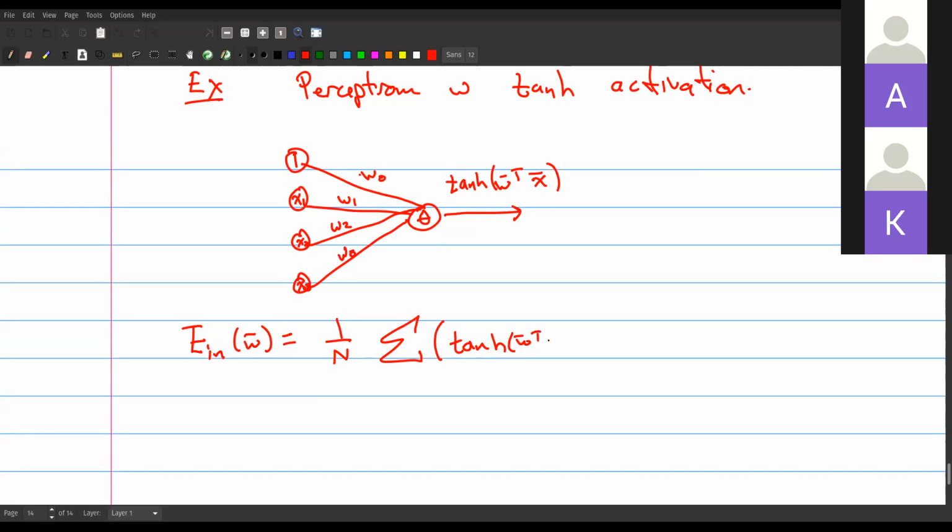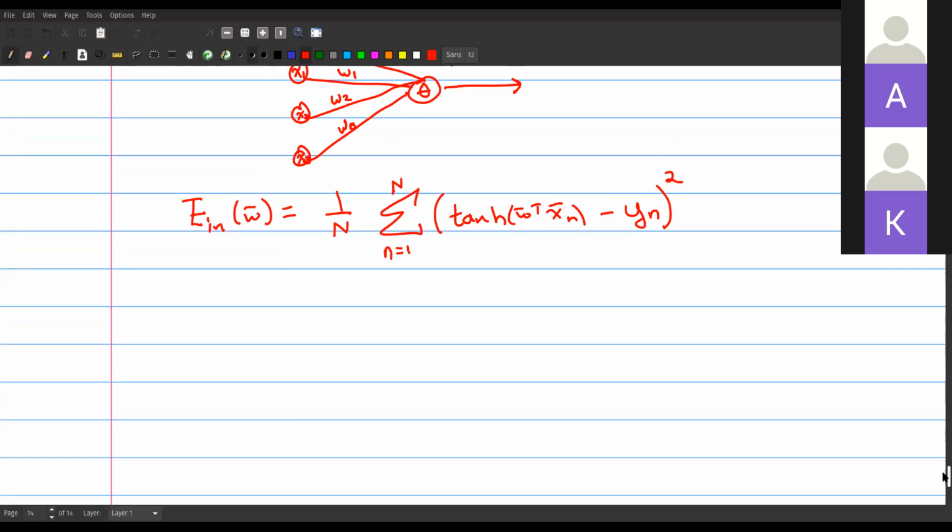So here's W transpose times xn, where n ranges from 1 to capital N, the number of instances. You take the difference between the prediction and the training label, and then you square it. So this is just the average of the squared errors, in other words, mean squared error.